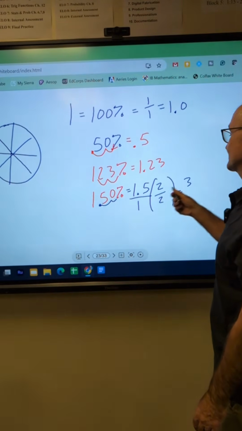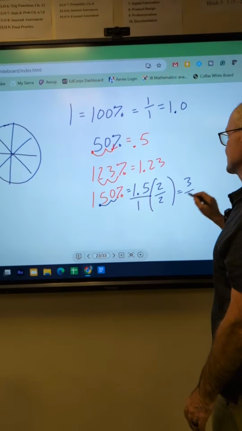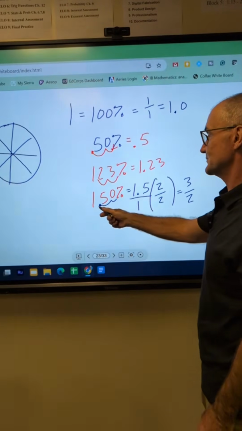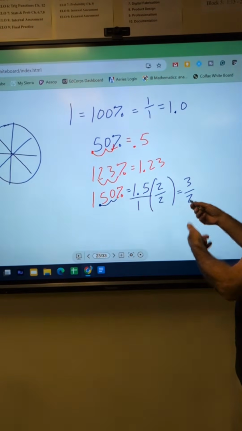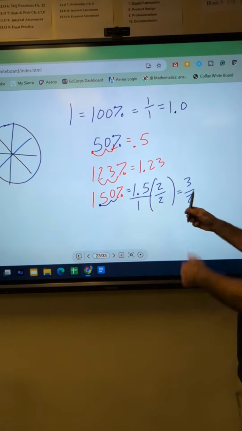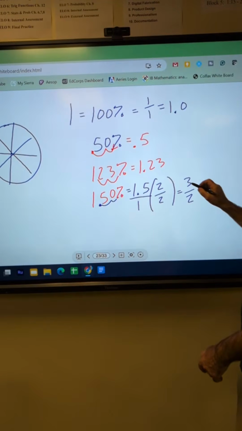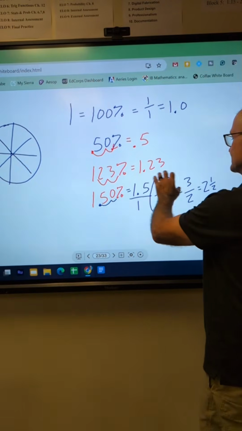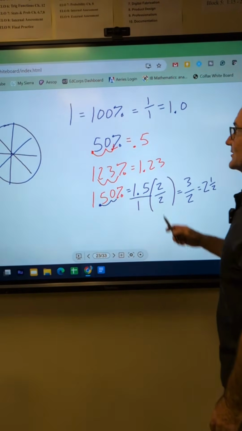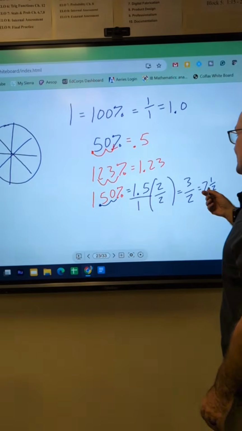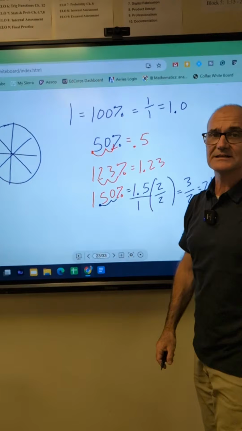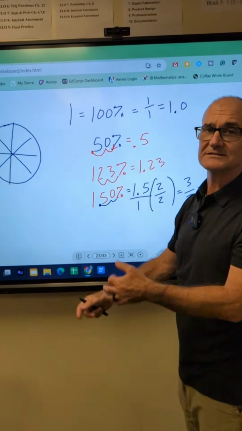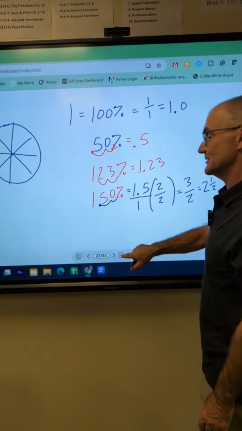So 1.5 times 2 is 3. 1 times 2 is 2. 150% is equivalent to 1.5, is equivalent to 3 halves. Improper fraction. Mixed number: 2 goes into 3 one time with 1 left over. All of these are equivalents. And being able to go back and forth between the fraction, the decimal, and the percent is a really key idea in both mathematical knowledge and arithmetic reasoning, just a big part of the test.